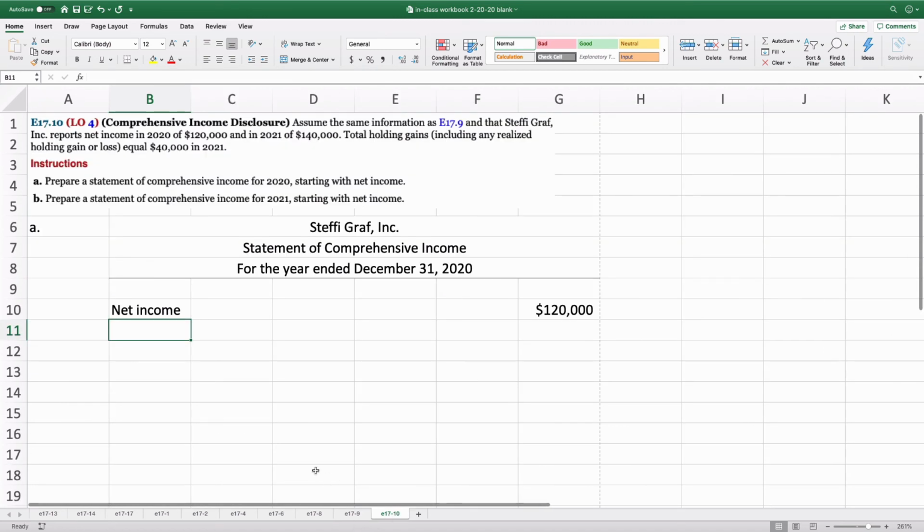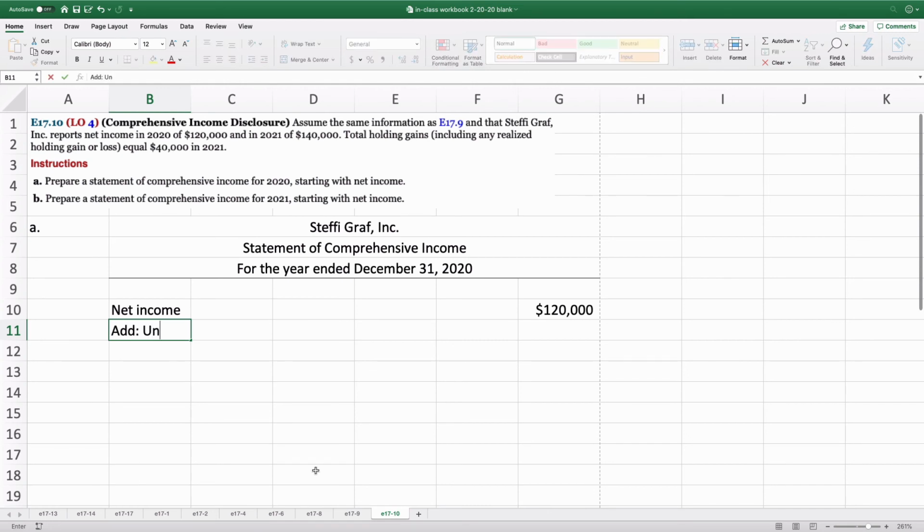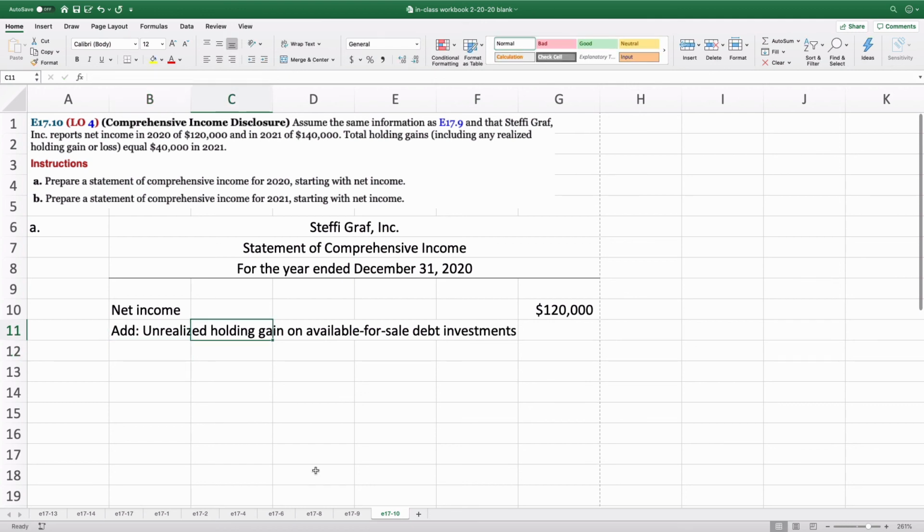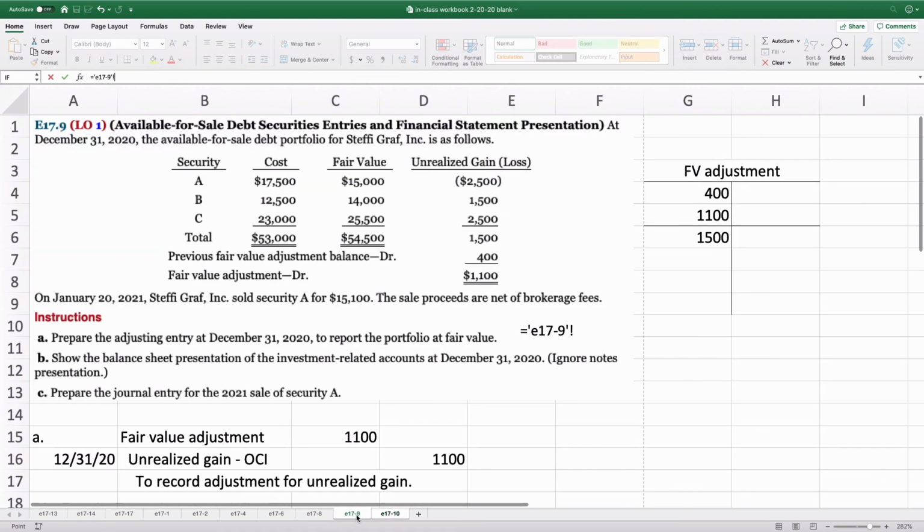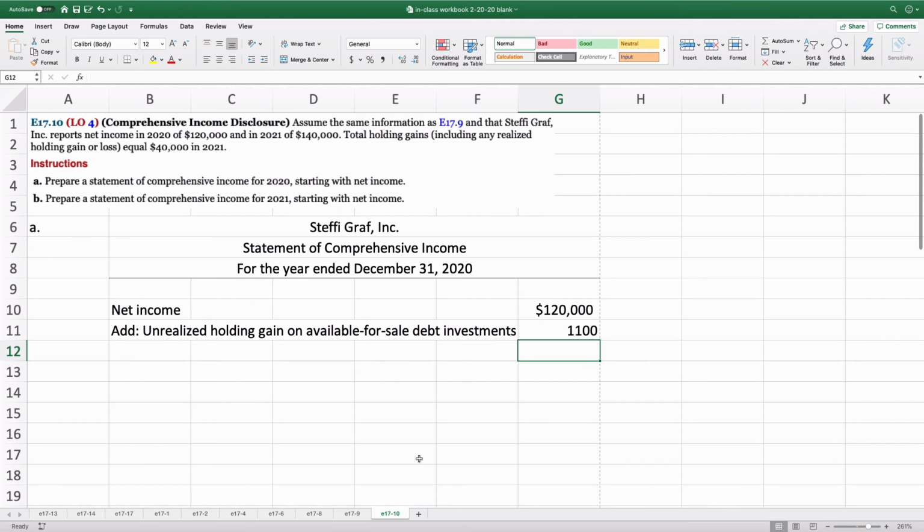So we're going to take that over here, add unrealized holding gain on available for sale debt investments. And that is going to be this 1,100. It's going to come from right here, 1,100.